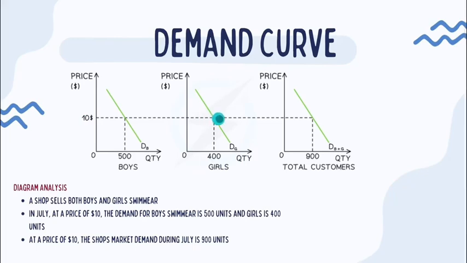So our third diagram will represent the total of units that were sold in a given amount of time at a price of $10. So at the given amount of time, we have sold 900 units of boys and girls swimwear at the price of $10. And we always show in our diagrams the exact quantity and the exact price.